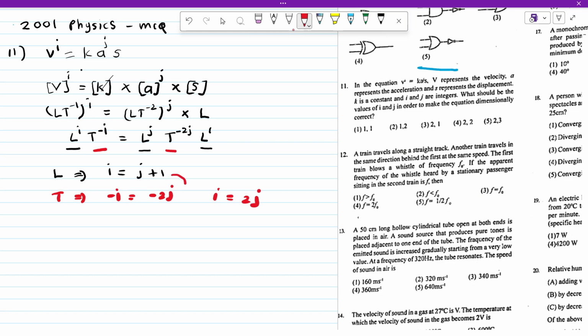Substitute directly, 2j equals j plus 1, thereby j equals 1.